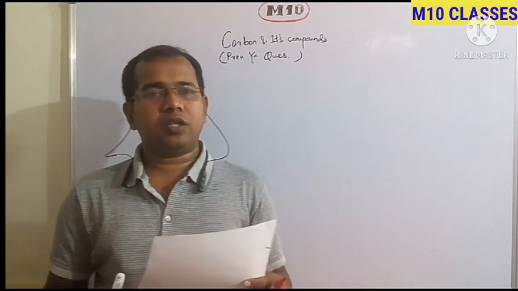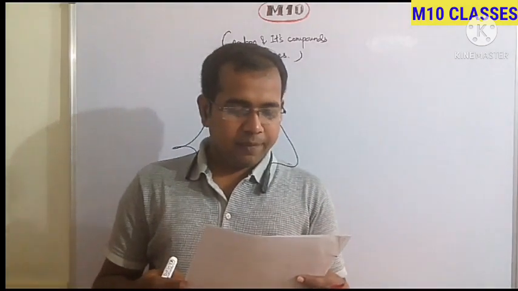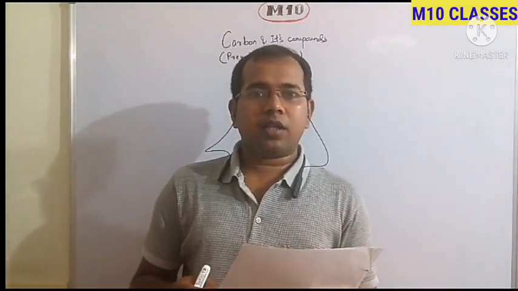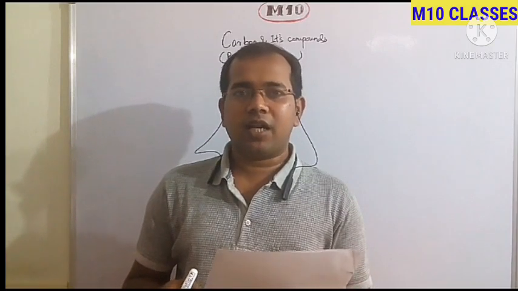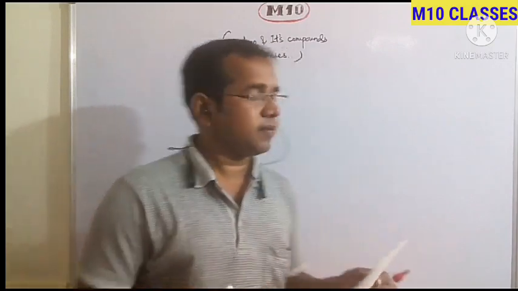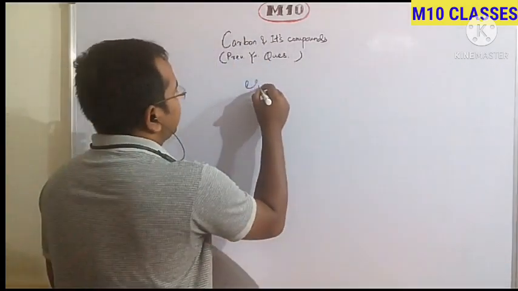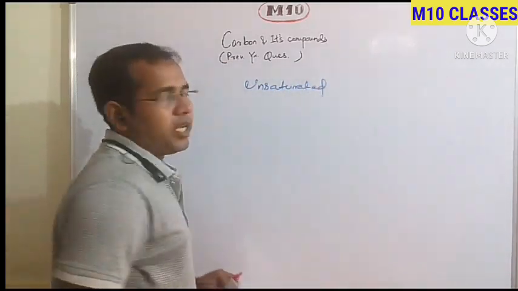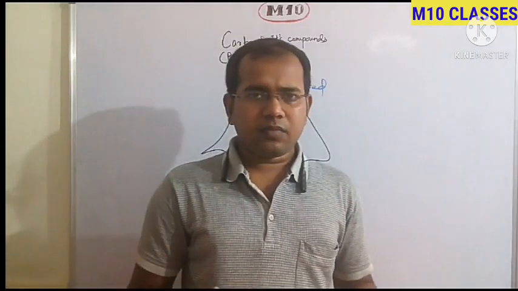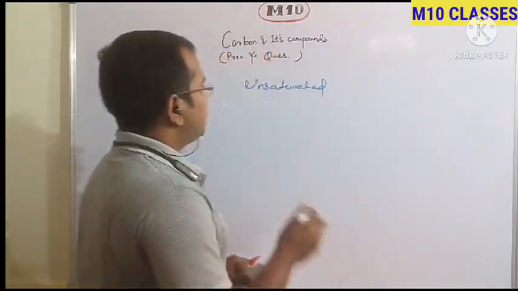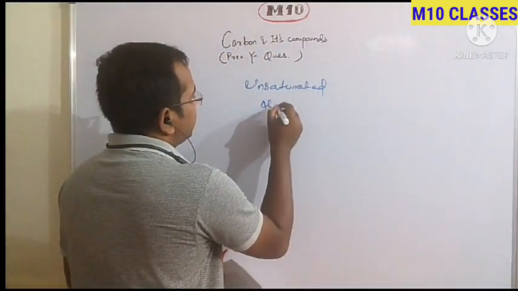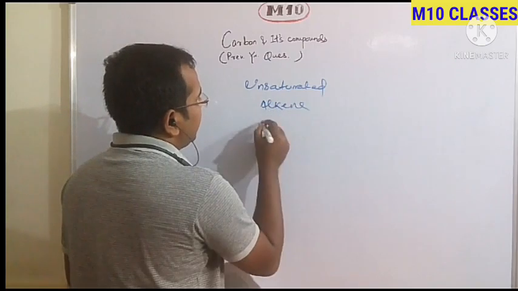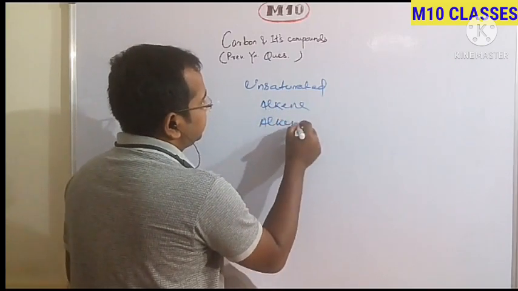Now see, addition reaction is out of your syllabus, but you need to know what type of hydrocarbons can undergo this addition reaction. Unsaturated hydrocarbons can undergo addition reaction. Unsaturated hydrocarbons include alkene and alkyne.